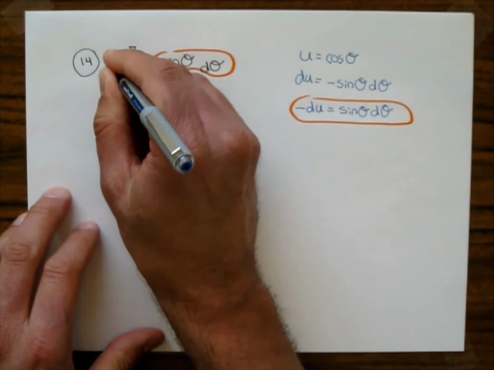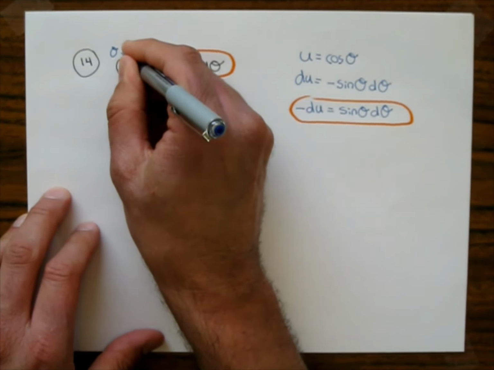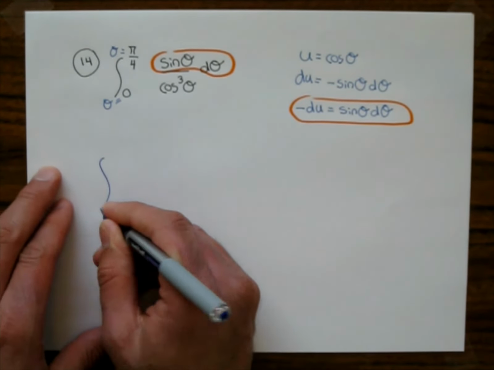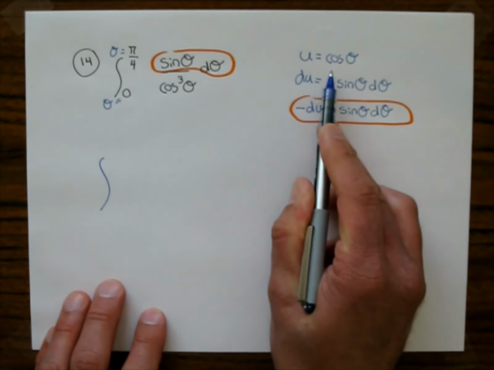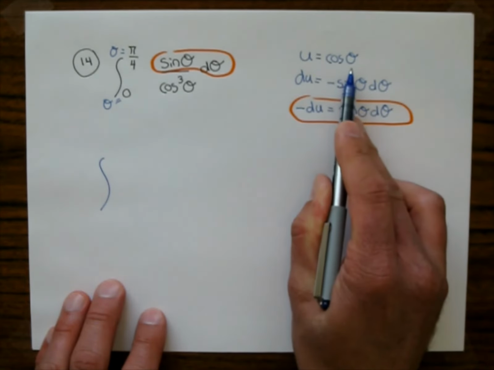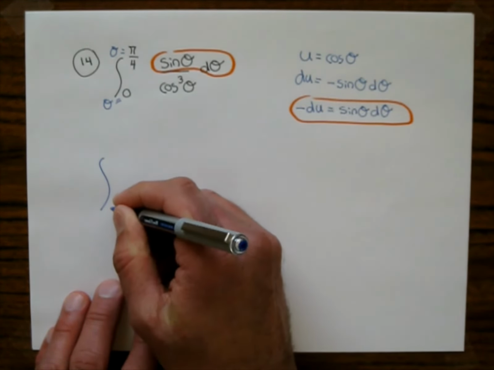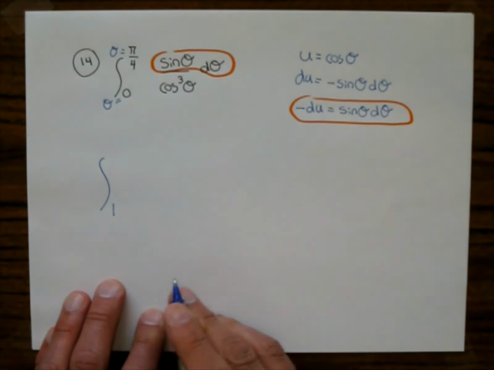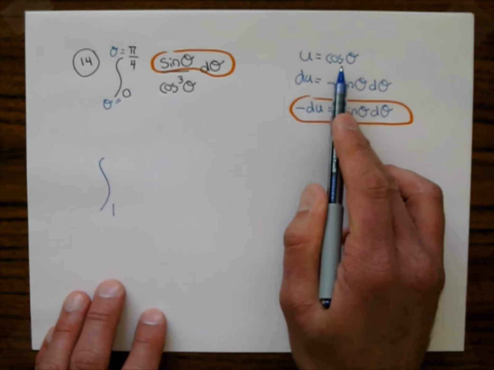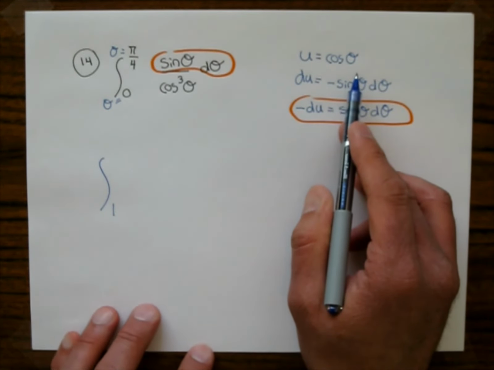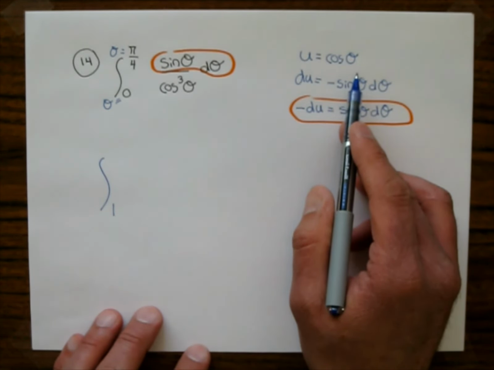These guys are theta values. Theta equals pi fourths. Theta equals 0. Let's see if we can change everything to u's. What is the cosine of 0? The cosine of 0 is 1. What is the cosine of pi over 4? Well, pi over 4 is a 45-degree triangle, 45, 45, 90.